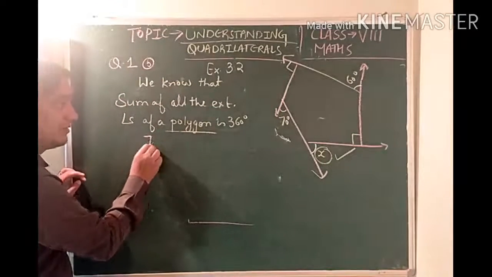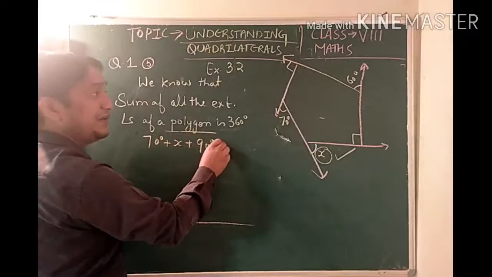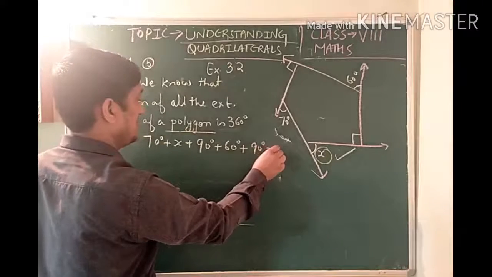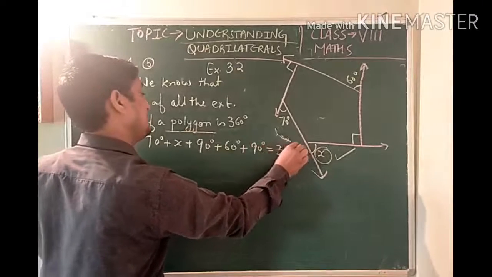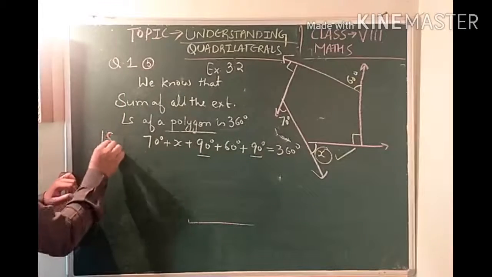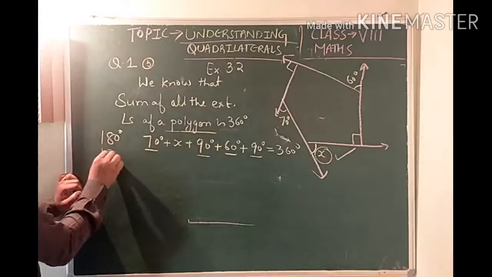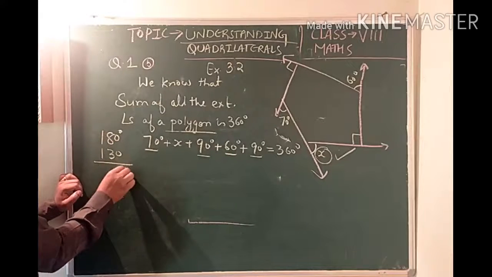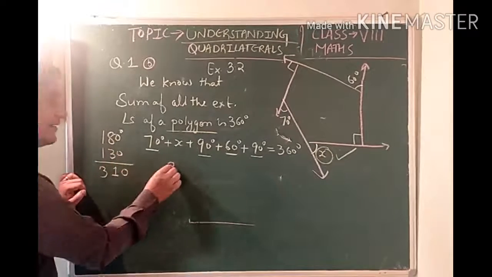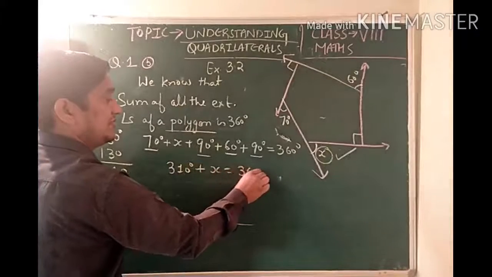So it becomes now 70 degree plus x plus 90 plus 60 plus 90 is equal to 360 degree. Now children, add this 90 and 90. It becomes 180. And this 70 and this 60, it becomes 130. Now 180 plus 130 is 310 degree plus x is equal to 360 degree.